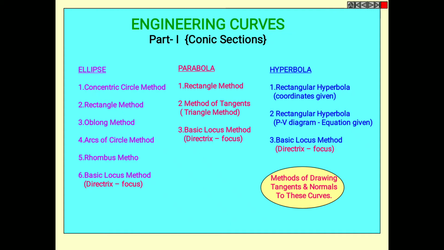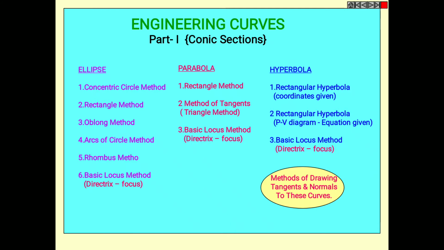Before one week, we had a class regarding conic sections. In that, we have seen about ellipse, how to draw an ellipse. We have seen 6 methods, and out of those 6, we have gone through only the first 3: the concentric circles method, rectangle method, and oblong method.